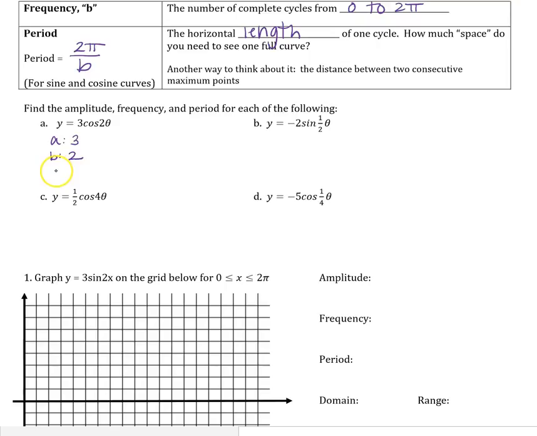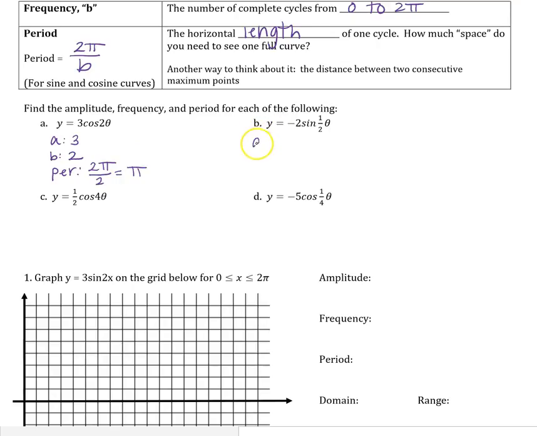So if I want to know what the period is of this graph, it's 2 pi divided by the frequency, which is 2, which is then pi. So what this is telling me is that on this graph with an amplitude of 3, there's two full sine curves occurring between 0 and 2 pi. So if I want to see just one of the curves, it's only pi units.